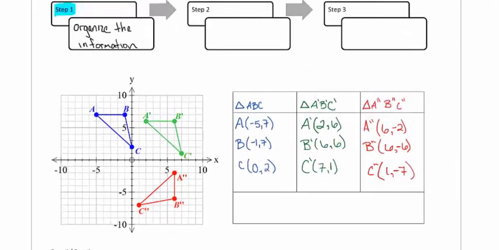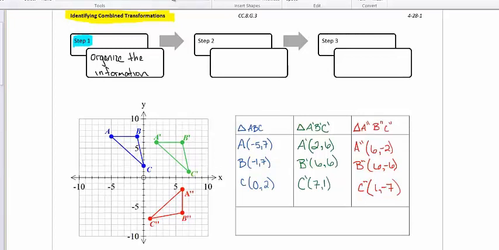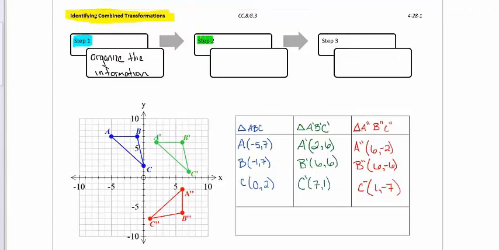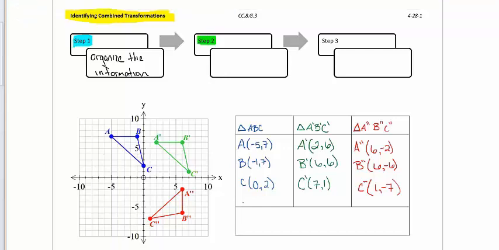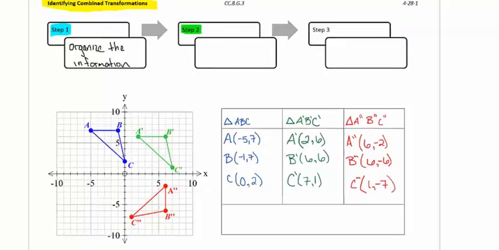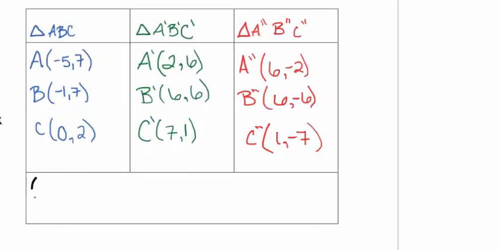So now that I've organized the information, because step 1, organize the information. Now step 2, I'm going to look for any patterns that occur. To do this, I'm just going to list down here below, as if I'm writing the rules in arrow notation.